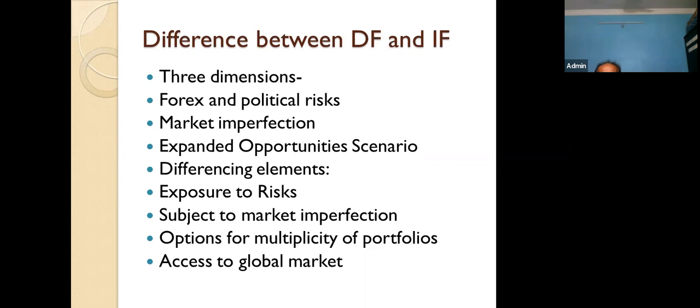Even Pune has changed in the last 15 to 20 years just because of the IT sector. There are other sectors also, like the automobile sector, but the IT sector has made tremendous changes in Pune city.